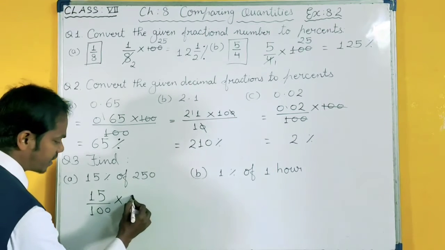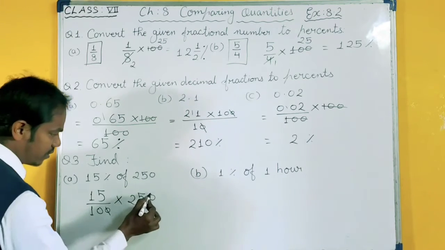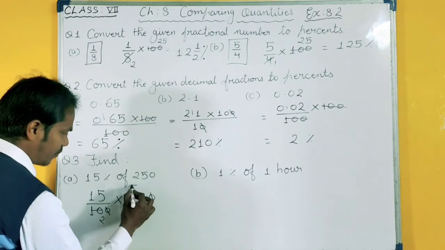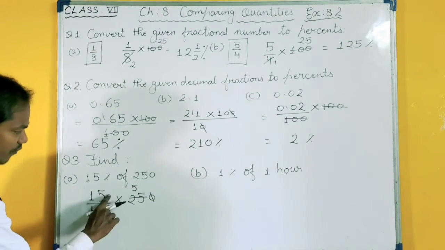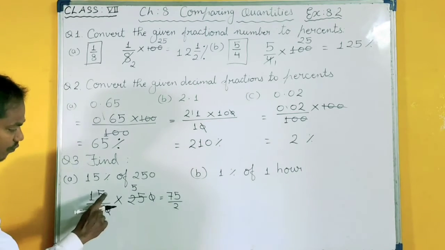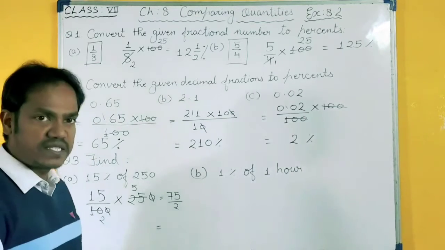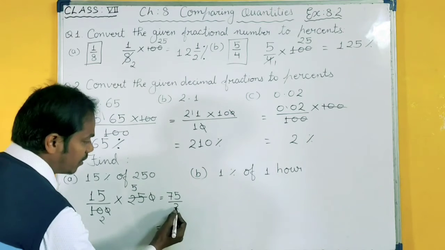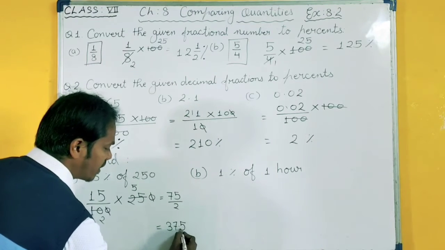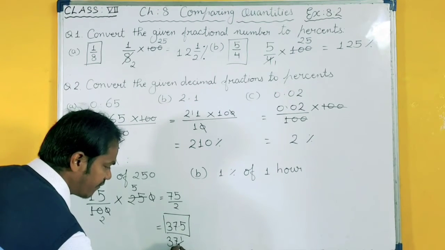Of is multiplication, upon 250. Now reduce this. 0 to 0 cut. 5 2s are 10, 5 5s are 25, 15 5s are 75. 75 upon 2, I will convert this into decimal. 2 3s are 6, I am dividing this, 2 7s are 14, 2 5s are 10, so 37.5, or you can write 37 and a half.